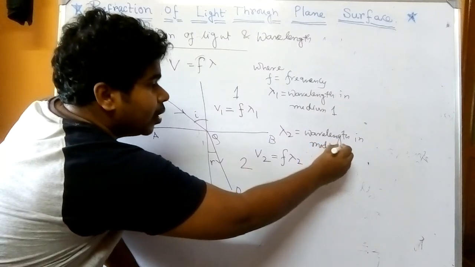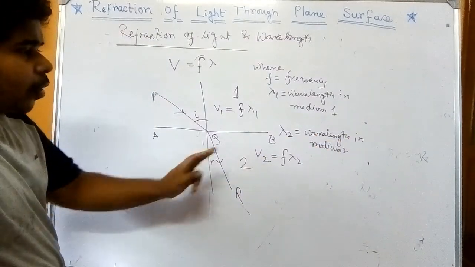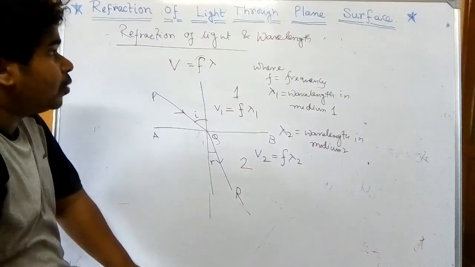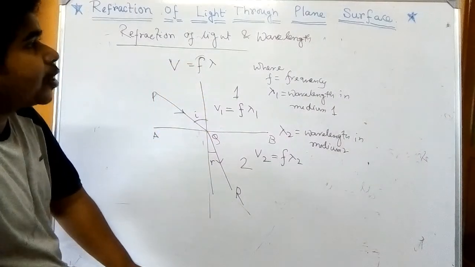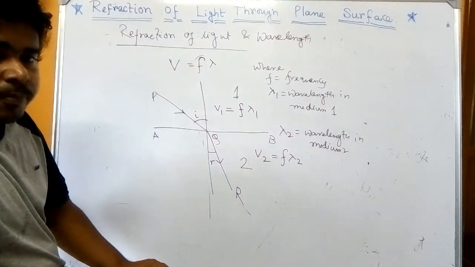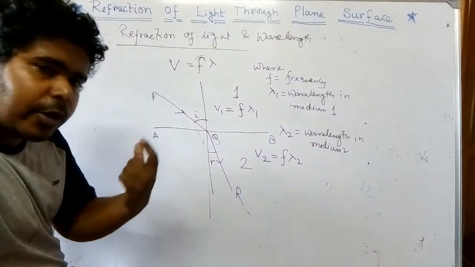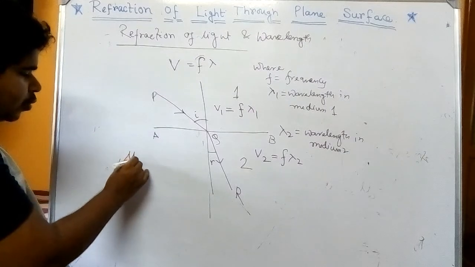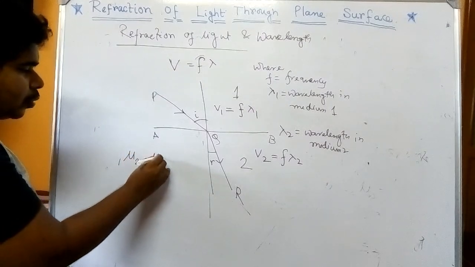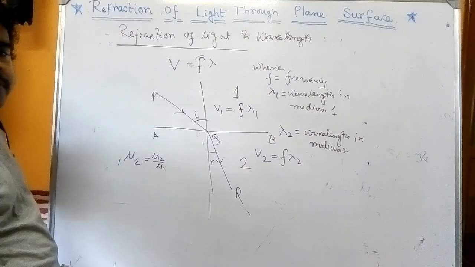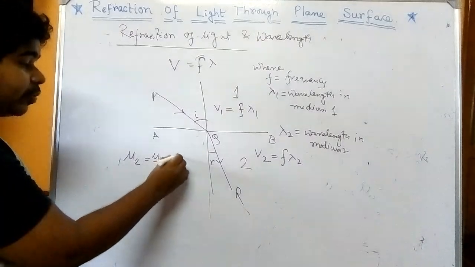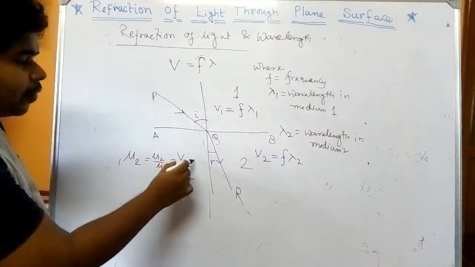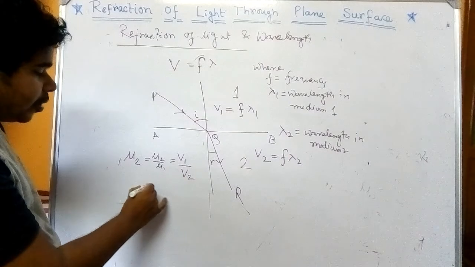From here, if I want to find the refractive index, we can find how refraction and wavelength are related, because refraction is denoted by refractive index. The refractive index 1 mu 2 is mu 2 by mu 1, and just now we have seen that it is v1 by v2, the velocity of light in medium 1 and in medium 2.